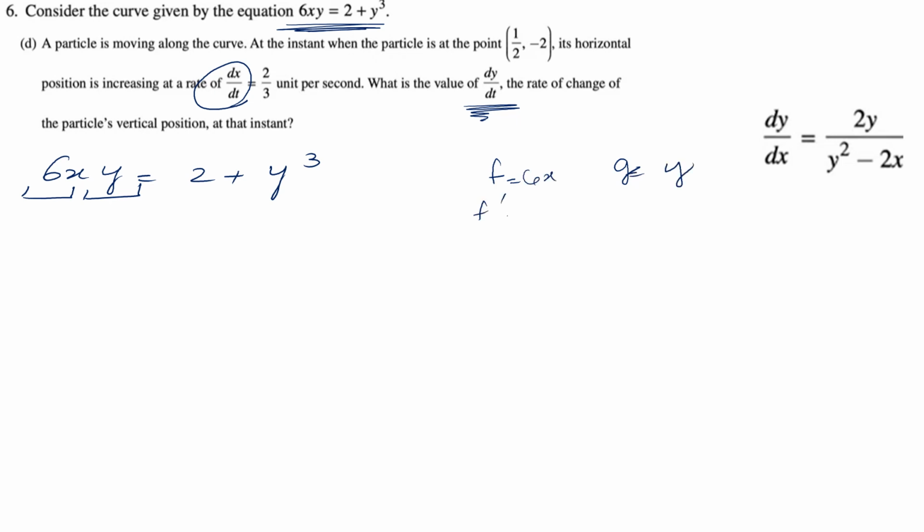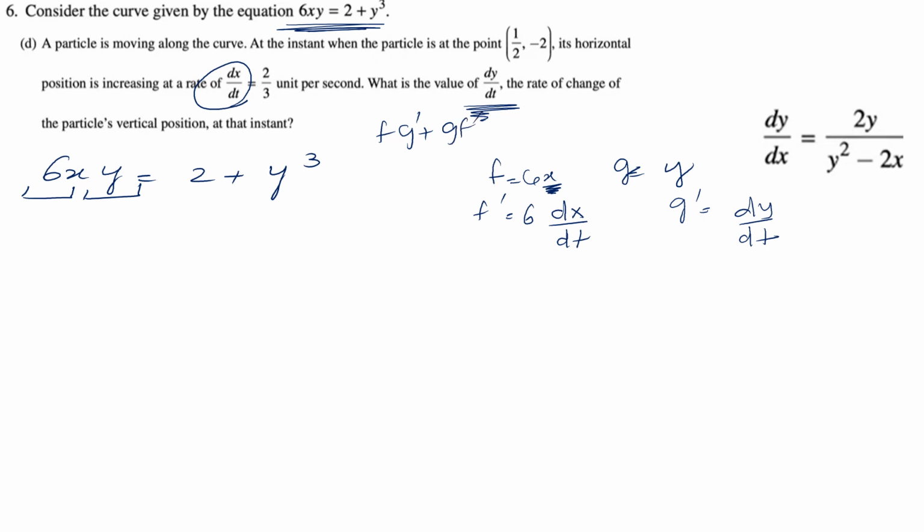So what is the derivative of 6x? 6 as it is. The derivative of x with respect to time is dx by dt. Now the derivative of y with respect to time will be dy by dt. So now use the formula f g prime plus g f prime.